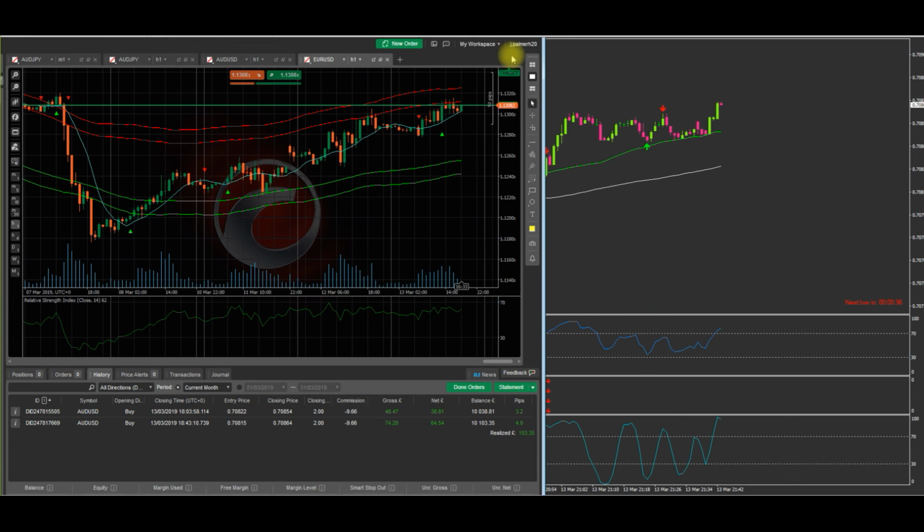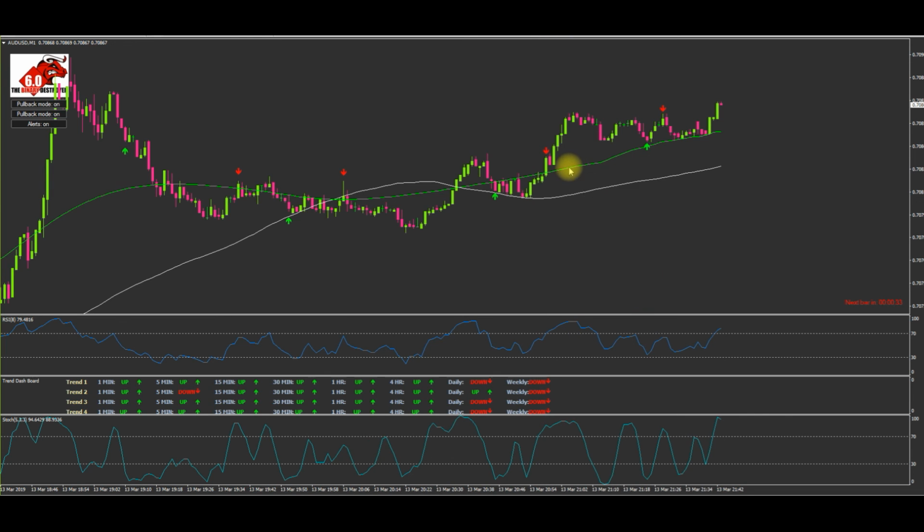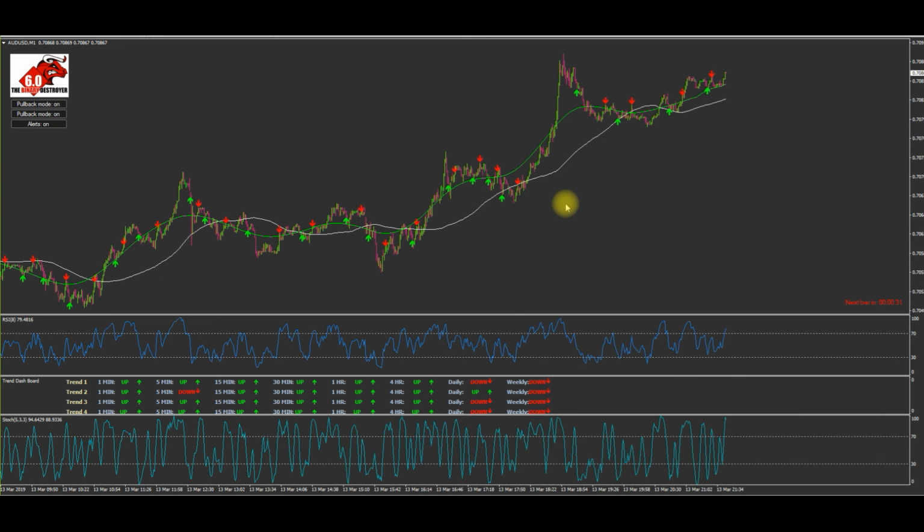Okay, what I would say is just remember, look at the bigger picture of what's happening here. Remember: uptrend, pullback, uptrend, pullback, uptrend. That is it. Don't be fooled by the crossover here, okay?